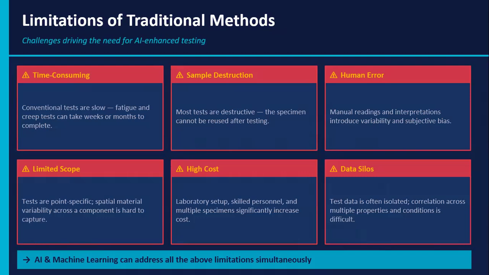What are some of the major limitations of traditional methods? Despite their importance, traditional testing methods have some major limitations that are listed here. Many tests require a considerable amount of time, especially fatigue and creep studies. Most are highly destructive in nature, meaning specimens cannot be reused.